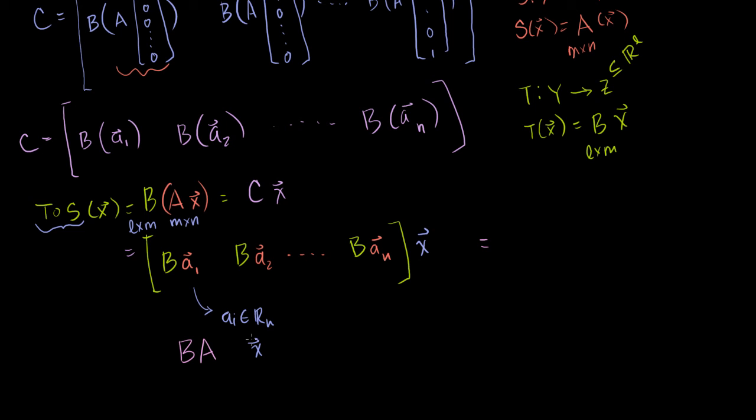Because then we could say that the composition of T with S of x is equal to the matrix representation of T times the matrix representation of S, and you take the product of those two, and that will create a new matrix representation, which you could call C, that you can then multiply times x. So you won't have to do it individually every time, or do it this way.